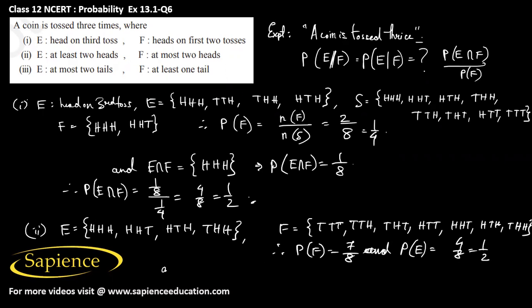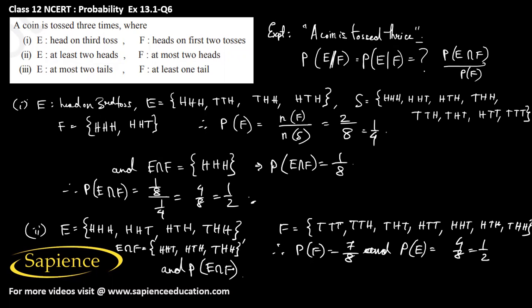And then we also need to find the probability of the event E intersection F. So now E intersection F, that set we have to find. So this event has the outcomes head, head, tail, and head, tail, head, and tail, head, head is also there. So it means 3.